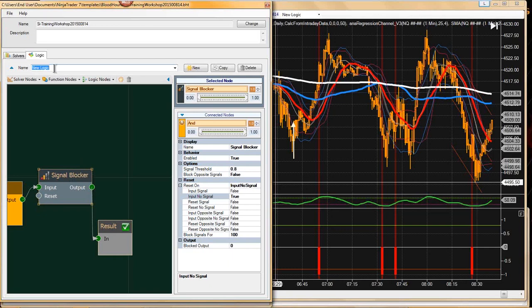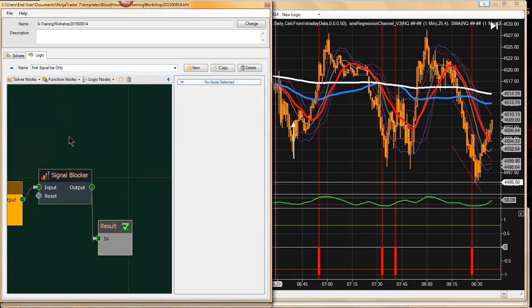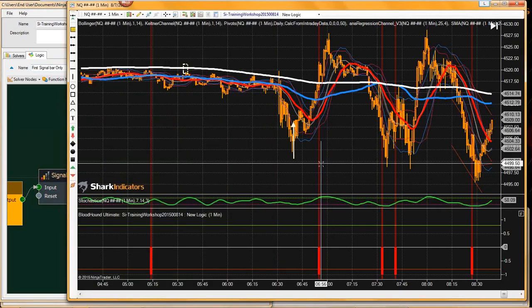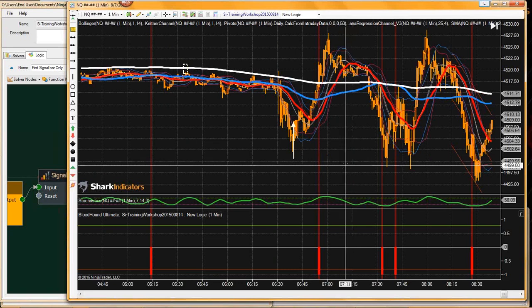We'll call it the first signal bar only. So we're only getting the first signal bar.